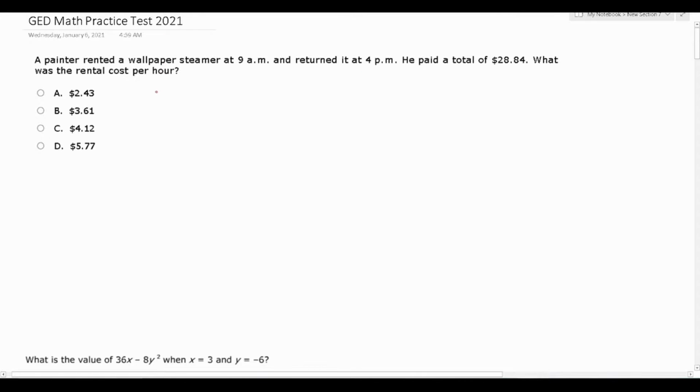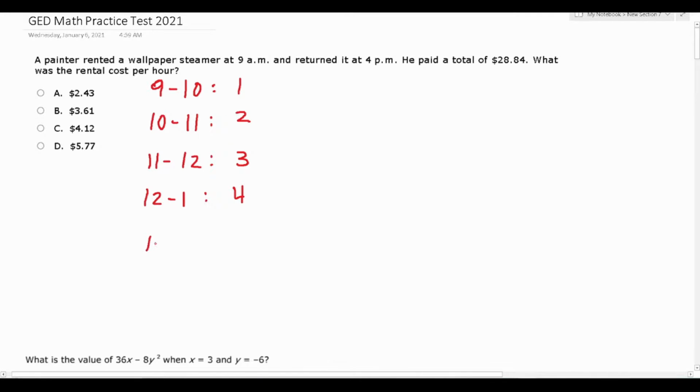Otherwise, you can always write it out like this. So he had the machine from 9 to 10 a.m. That would be 1 hour. From 10 a.m. to 11 a.m. would be a total of 2 hours. From 11 a.m. to 12 p.m., that would be a total of 3 hours. From 12 to 1, that would be a total of 4 hours.